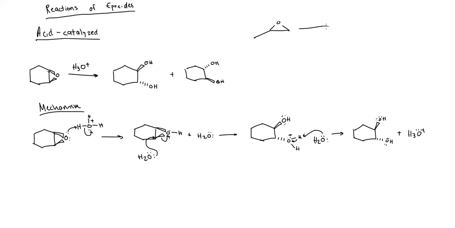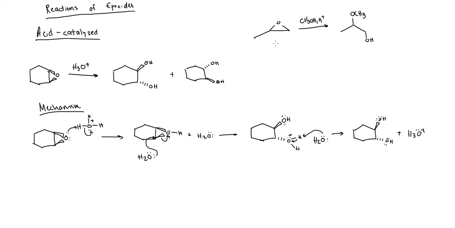If I have this, and then I put in methanol under acidic conditions, so H plus with methanol, the methanol, since it's under acidic conditions, is going to add on the most substituted carbon. So the OCH3 is going to add here, and then I have OH on the other side, okay? You'll see that this added to the most substituted carbon because this is under acidic conditions, right?